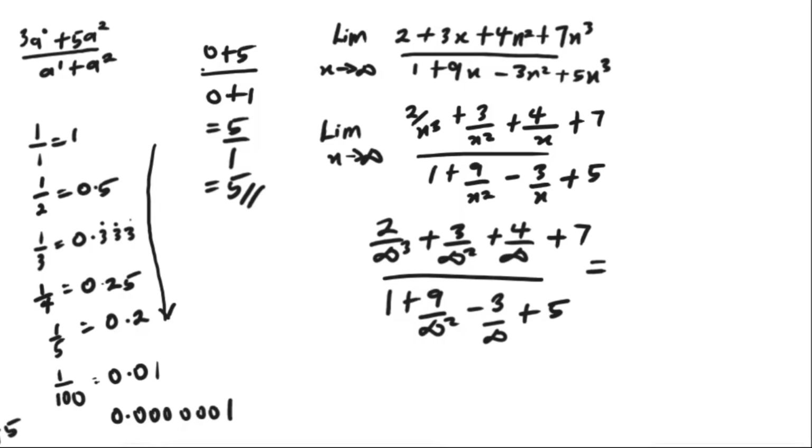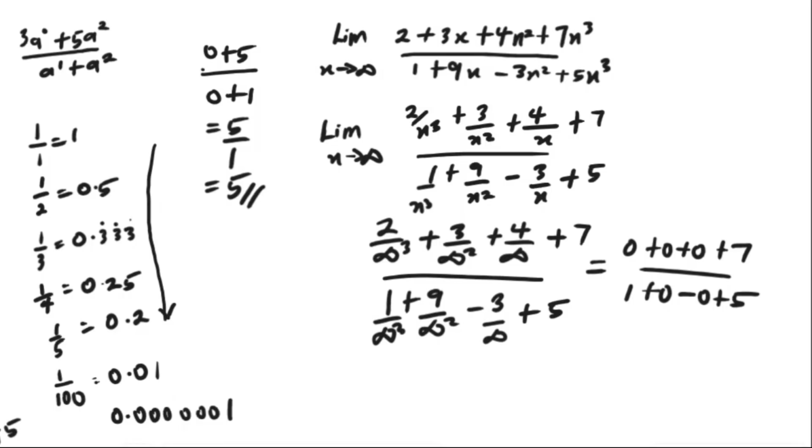So this will automatically give us 0 plus 0 plus 0 plus 7, divided by 0 plus 0 minus 0 plus 5. Note that the 1 in the denominator, we divided it too, so this is 1 over x raised to the power 3, which is 1 over infinity raised to the power 3. So this is not 1, this will be 0. So this will automatically give us 7 over 5.